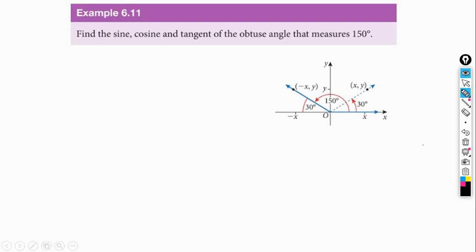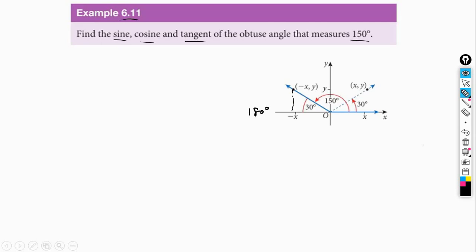Next, we have example 6.11, and it says, find the sine, cosine, and tangent of the obtuse angle that measures 150 degrees. So, if we were to draw this on the Cartesian plane, 150 degrees is still 30 degrees short from 180 degrees, or pi, which is here.